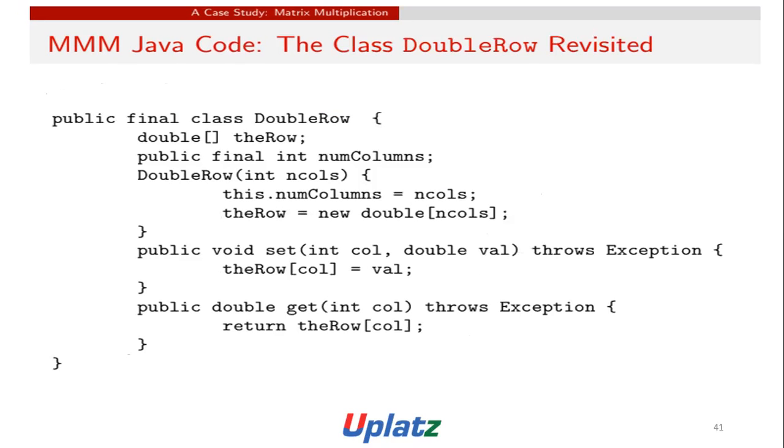The class double row is public final class DoubleRow with the row array of num columns, and set and get methods taking a column index and value, which return or assign the row's column value.